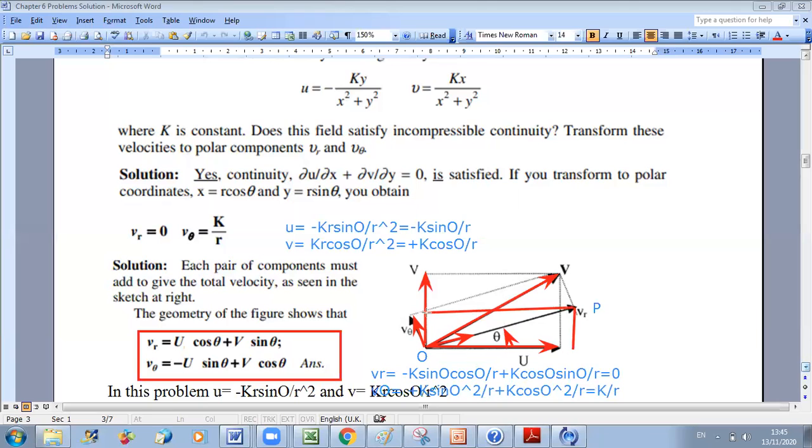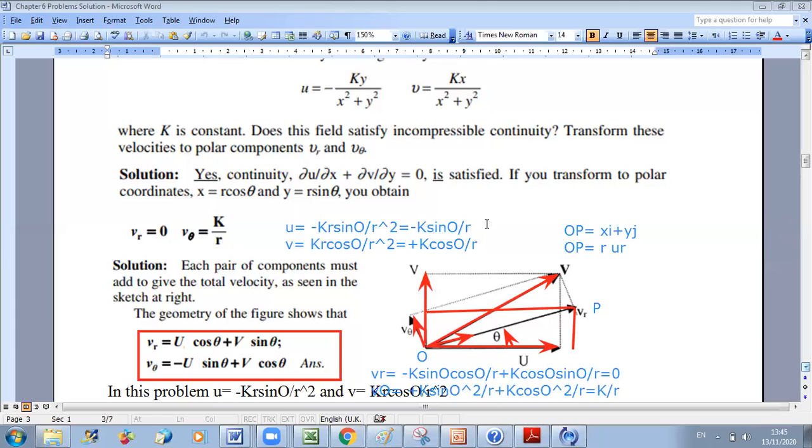So the OP vector in Cartesian coordinates is written as OP equals Xi plus Yj. While in polar coordinates, OP is just along UR, so it's R UR.